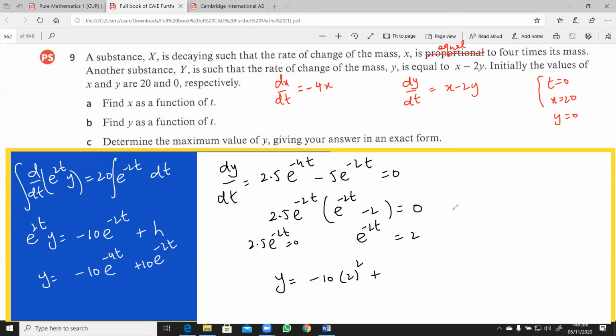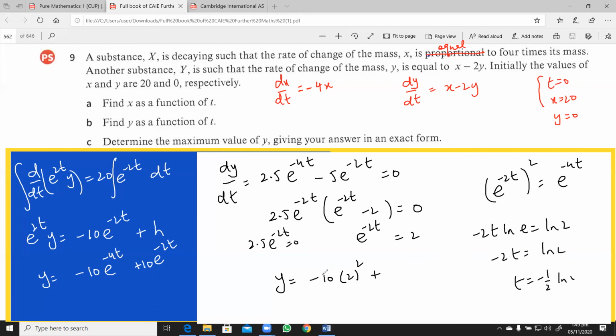If you have e raised to power minus 2t and you have a square on it, this is e raised to power minus 4t. So minus 2t ln e is equal to ln 2. So minus 2t is equal to ln 2. t is equal to minus half ln 2.